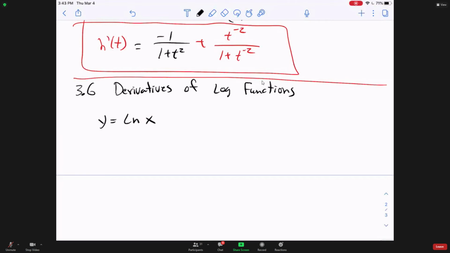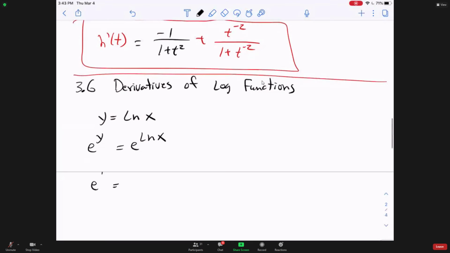But first, let's go e to the both sides. So I'm going to raise both sides. We'll go e to the y equals e to the ln of x. If you remember from college algebra, you do one thing to one side, you've got to do it to the other. So then what's e to the ln of x? E to the ln cancel each other out, so it's just e to the y equals x.